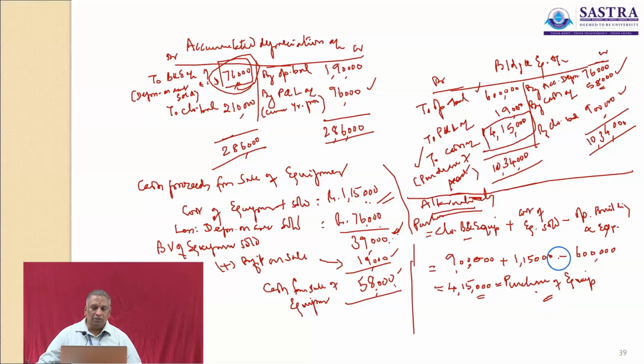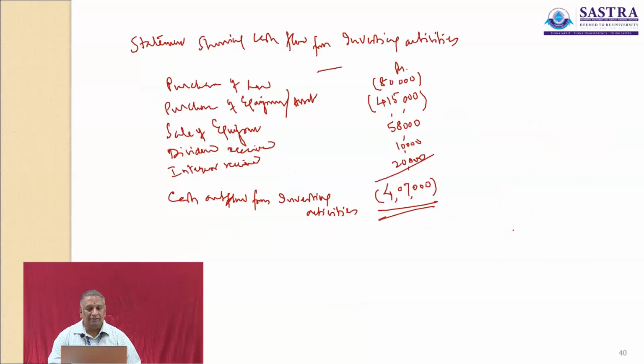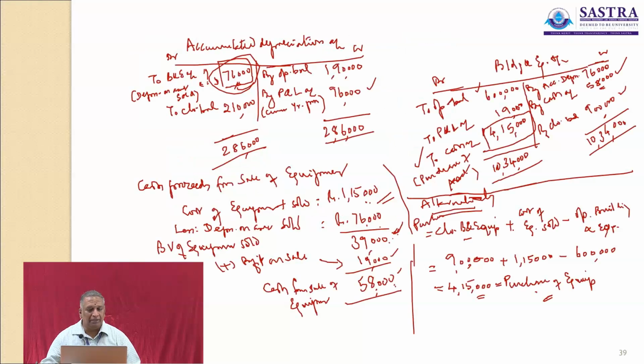So without knowing the cash inflow and outflow, you can't prepare the cash flow from investing activities. So either you can follow the ledger method, but anyway you need to know depreciation on equipment sold to know the cash proceeds of sale of equipment. For additional purchase of equipment, you can follow this equation alternatively instead of the ledger.